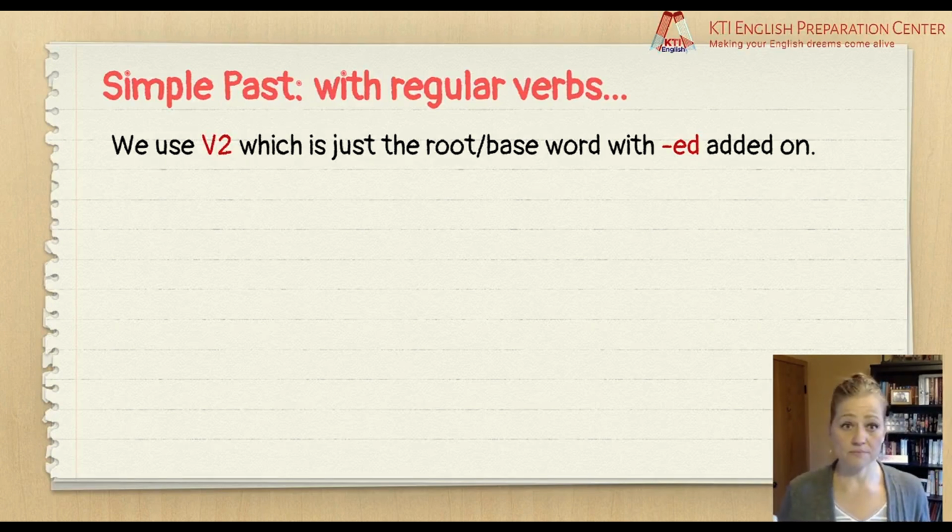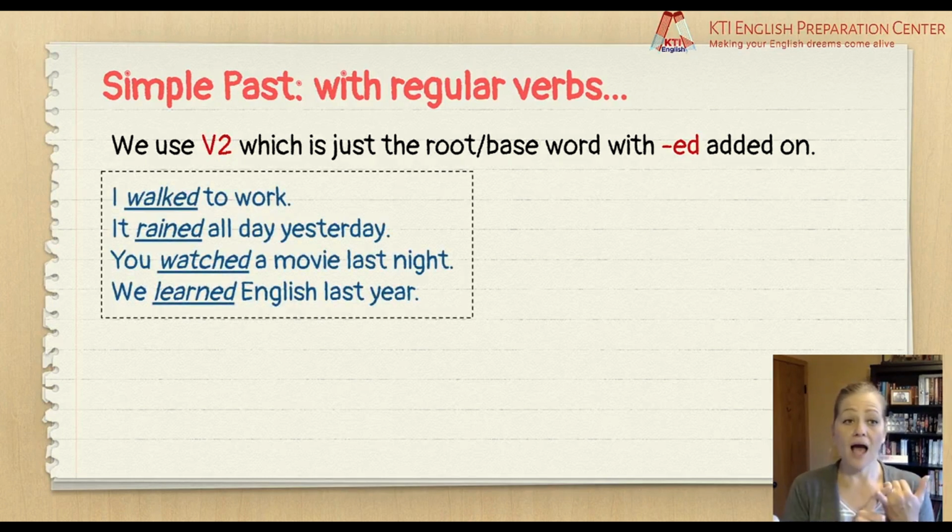It's that simple. So we just say, I walked to work. The verb walk, or the infinitive to walk, we just add ed, and we've got past tense. I walk to work is simple present. I walked to work is simple past.